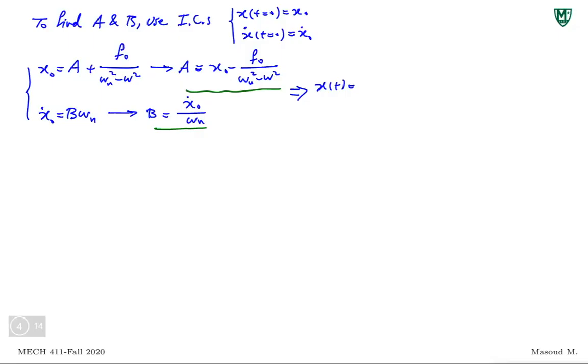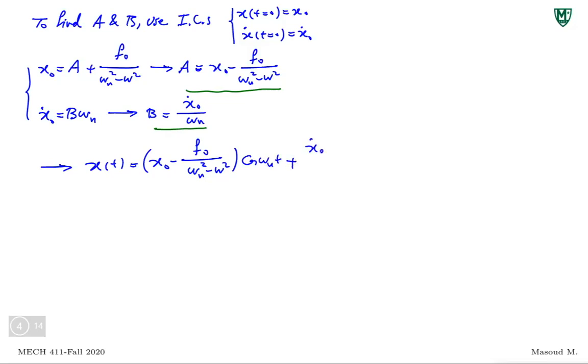Let's not be stingy with the space. x(t) would be a, which is now x naught minus f naught over omega n squared minus omega squared, times cosine omega n t, plus b, which is x naught dot over omega n, times sine omega n t, plus f naught over omega n squared minus omega squared cosine omega t.